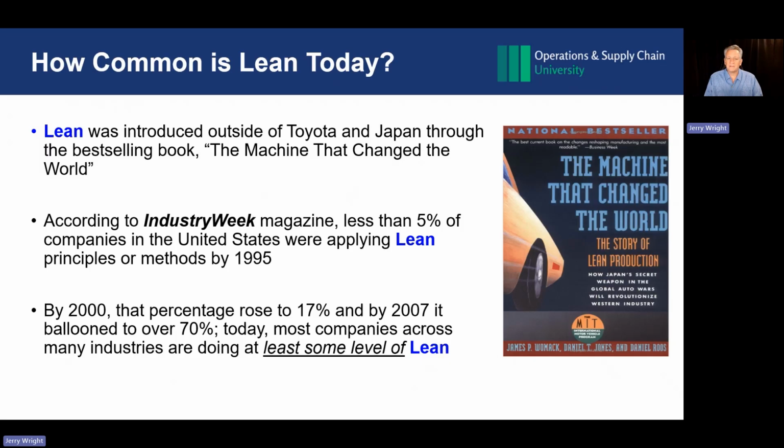And then by 2007, so just 7 years later, roughly 70% of manufacturers were doing lean. Now, really good lean, not so good lean, just some level of lean. They were at least aware of it and starting to work on it. So we went from 5% to 70% in about 12 years, with 70% of companies in the United States looking at lean.